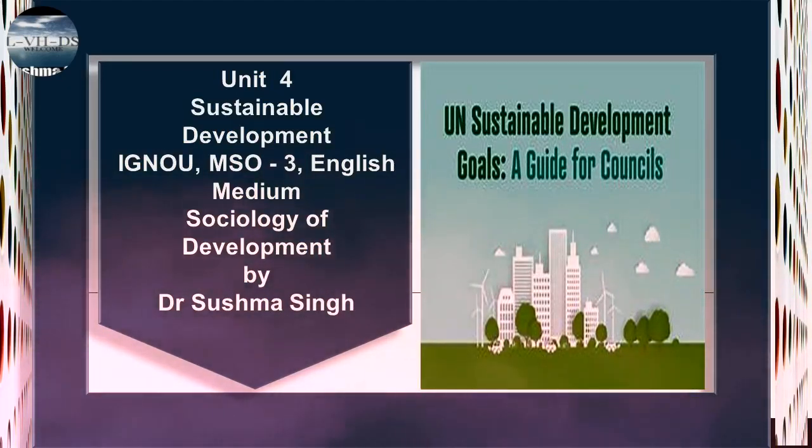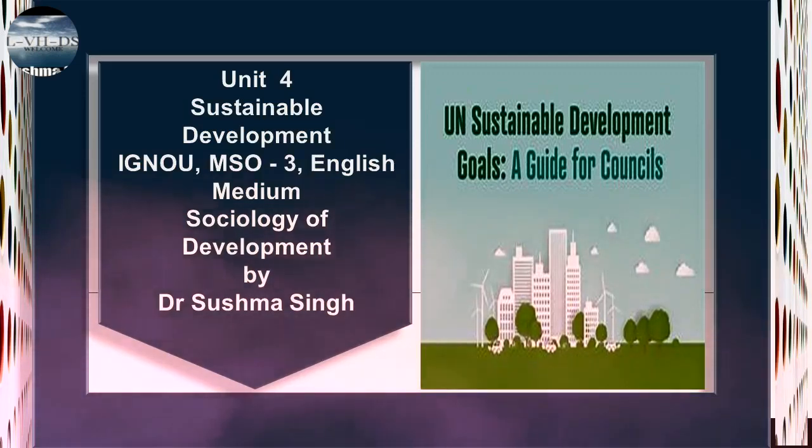Now let us turn to the second point, sustainable development requirements. While elaborating the concept, the report Our Common Future 1987 also brings out the requirements of sustainable development. For a better understanding of the concept, some of the important requirements of sustainable development can be highlighted.